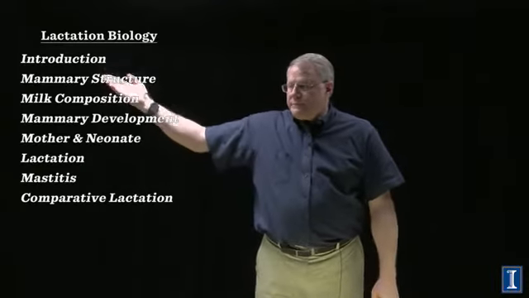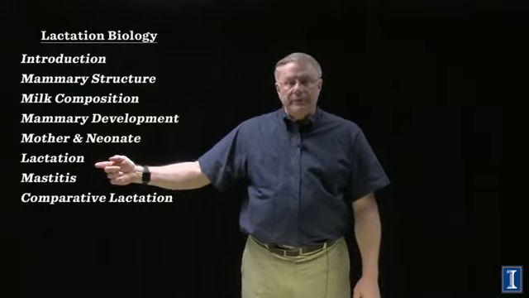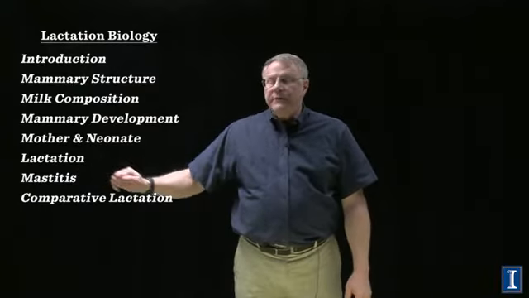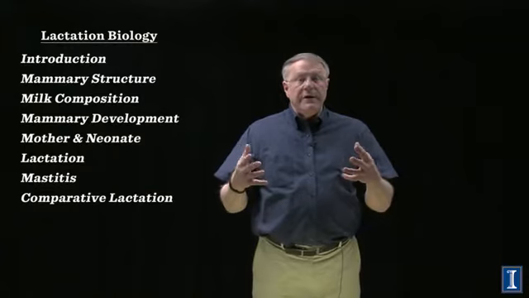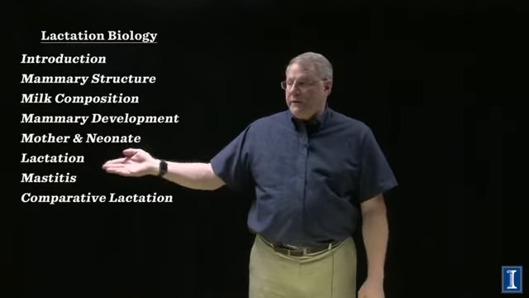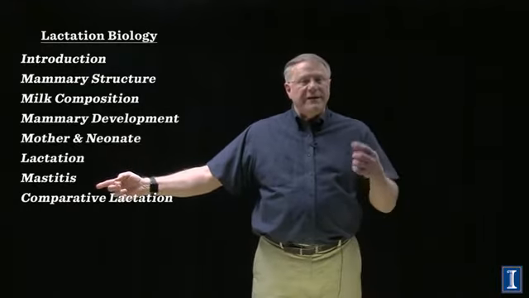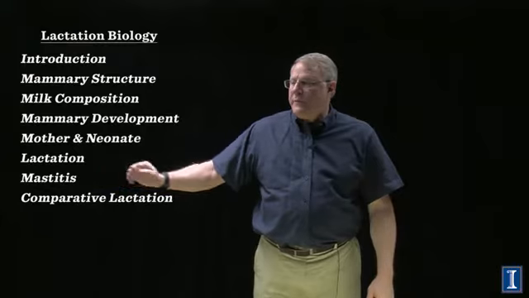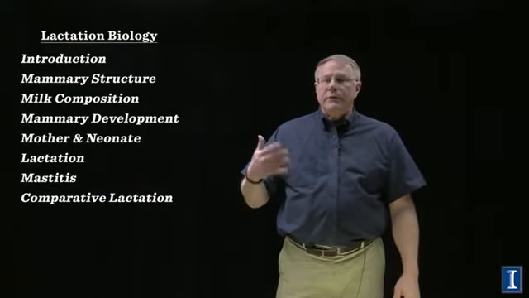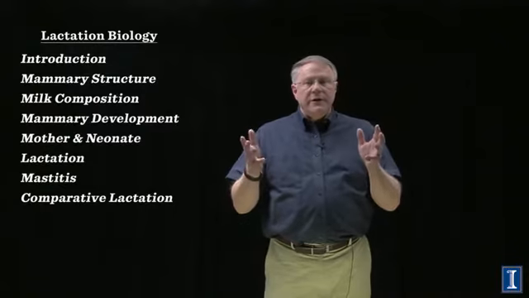Lactation, obviously the namesake of the course, but this is really only one component of lactation biology. Mastitis, major disease in animals, particularly dairy cattle, but also in all other animals who will lactate. So usually caused by bacteria, but it's technically an inflammation of the mammary gland. And then comparative lactation, where we're going to examine in a little bit more detail certain other kinds of species.